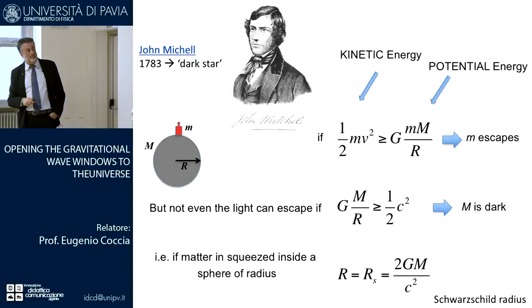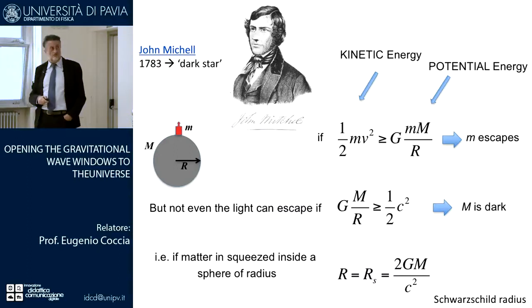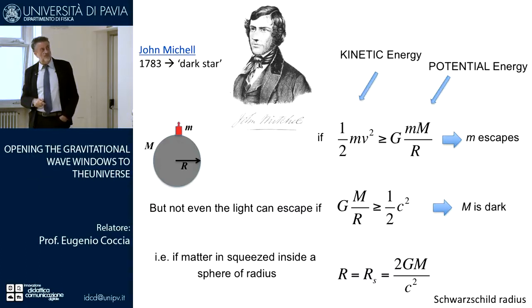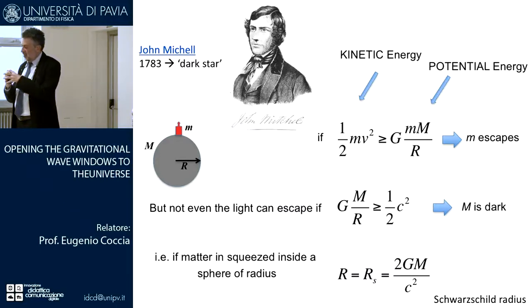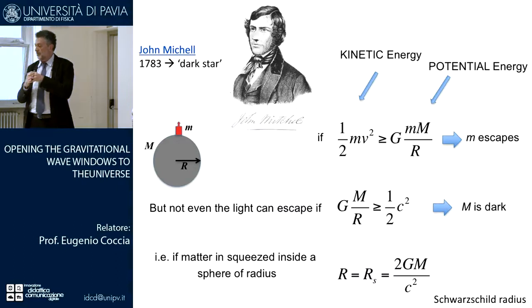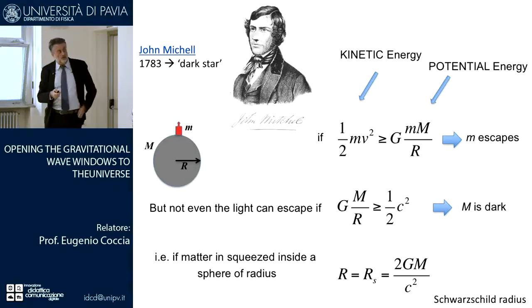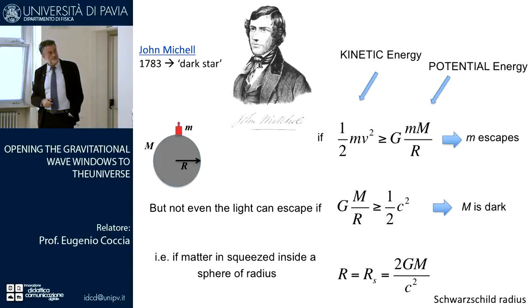But not even the light can escape if the escape velocity is the one of the light. So the object m, squeezed inside a certain limit radius, will appear completely dark. And that is the condition, following Newtonian mechanics, to have a dark star, called by John Mitchell; then John Wheeler said black hole, but it is the same object.